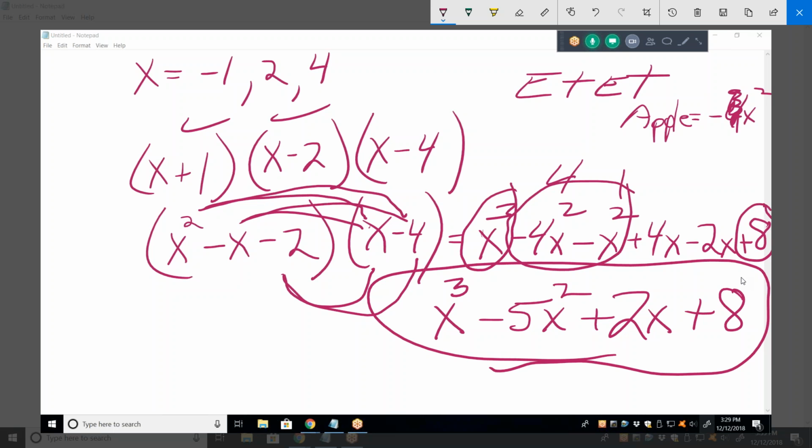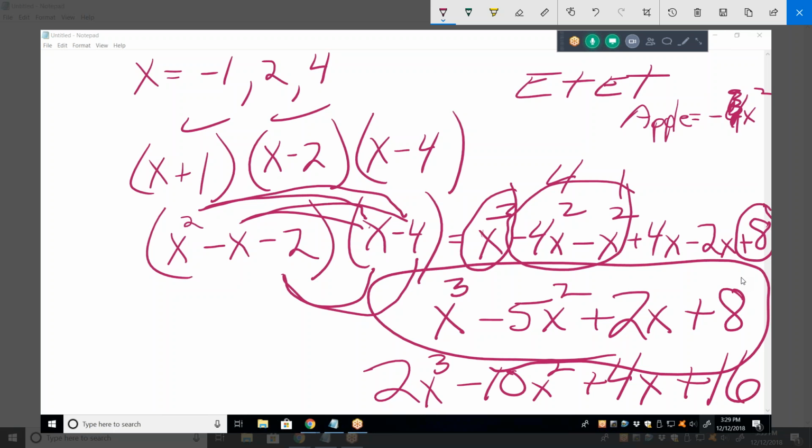But I'll give you another one that also has those 3 zeros. I can just multiply this by any number I want. So the least degree is the most simplified. Exactly. In other words, no coefficient in front of the x cubed term if you don't have to have one.